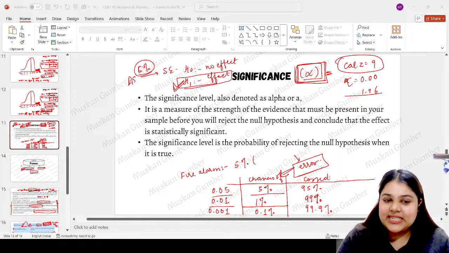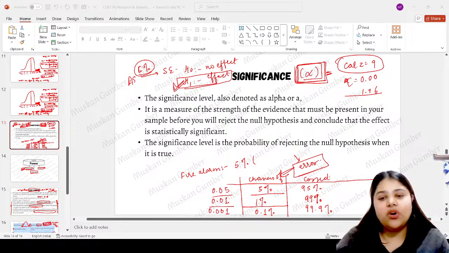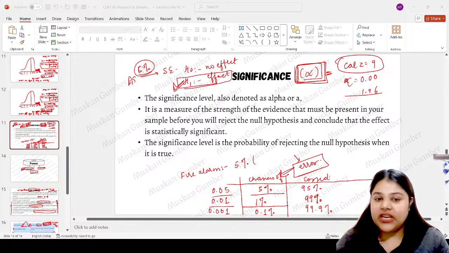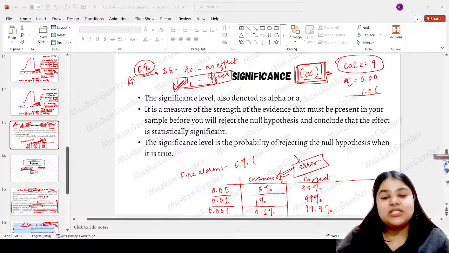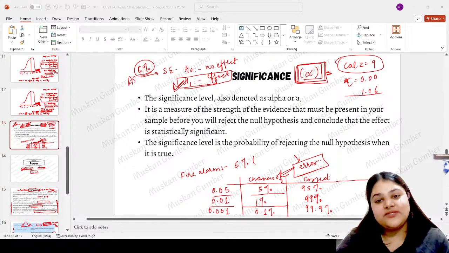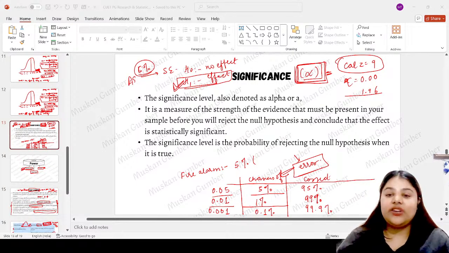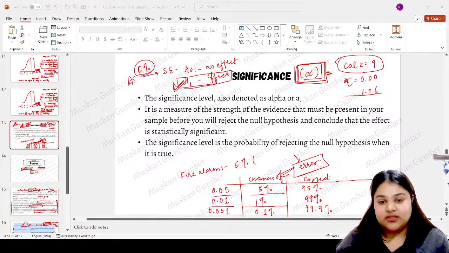Because it is leading to rejection of the null hypothesis no matter if it is true or false. So that is why we are saying that it is talking about the probability of rejecting the null hypothesis when it is true, because it is associated with type 1 error, that it will show the false positive. Clear?